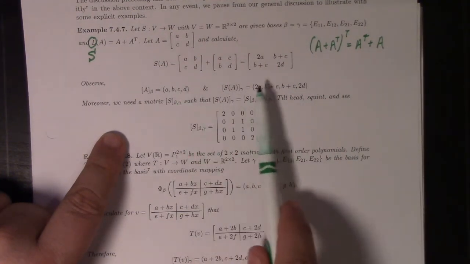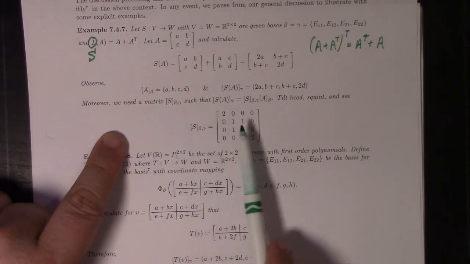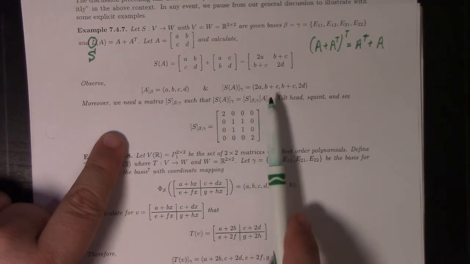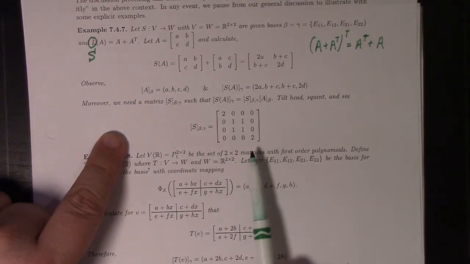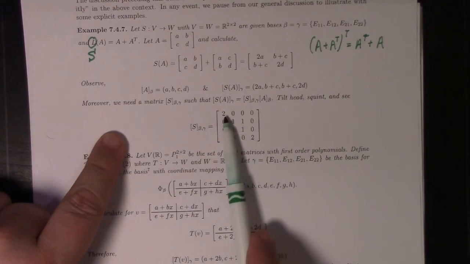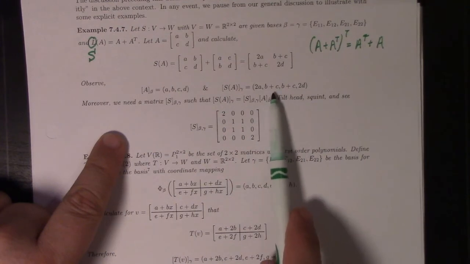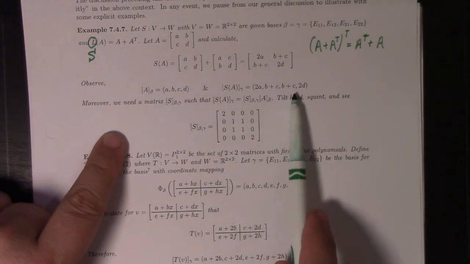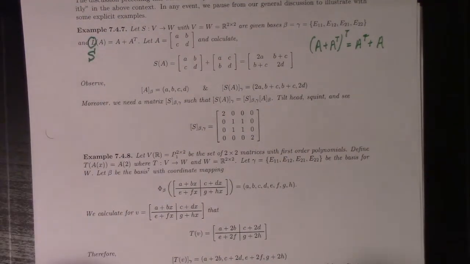So to get from here to here, I multiply by the matrix S beta gamma, such that that happens. If you just look at it, to get from here to there by multiplying by a 4 by 4 matrix, what you want is 2, 0, 0, 0 to get the 2a, 0, 1, 1, 0 to get the b plus c, 0, 1, 1, 0 to get the b plus c, and then finally 0, 0, 0, 2 to get the 2d. So there's that.